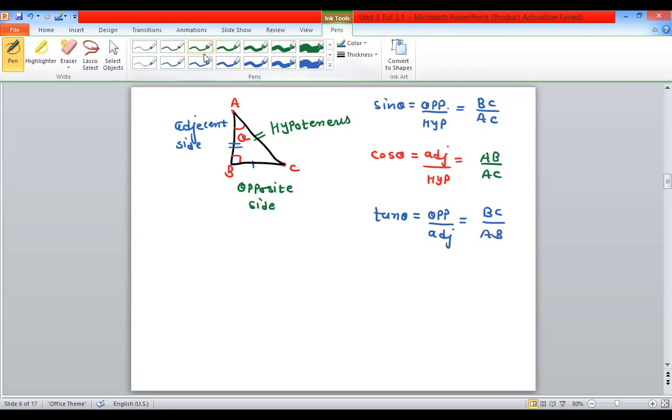Okay, now tell me about the cosec theta. Cosec means it's a reciprocal of the sin theta. Just tell me the AB, BC values. I'm writing here.